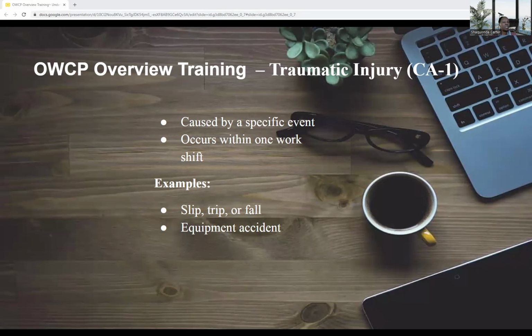Some examples of those types of incidents are a slip, a trip, a fall, or some type of equipment accident if you use any type of tools or machinery. Any type of injury that occurs within one work shift is when you would file that CA1 form.